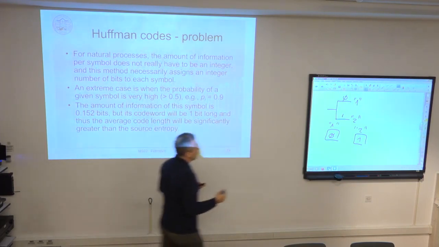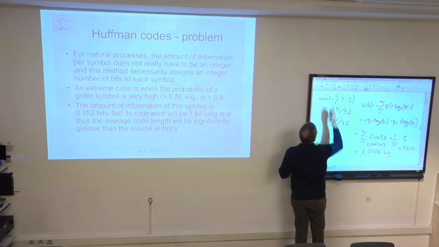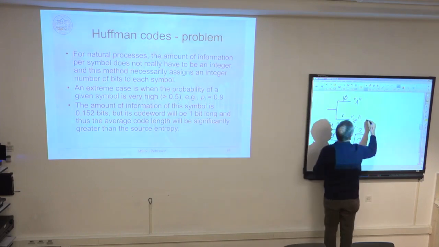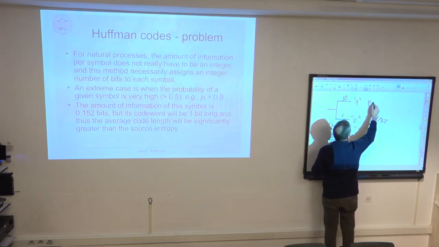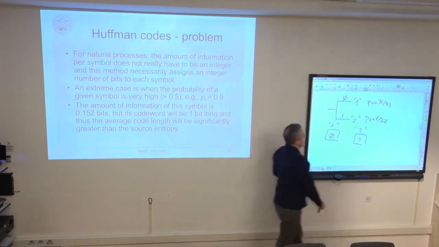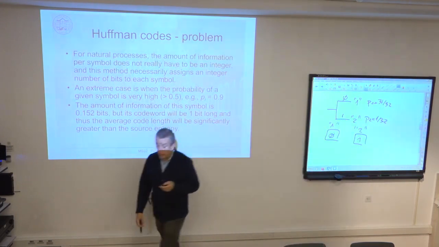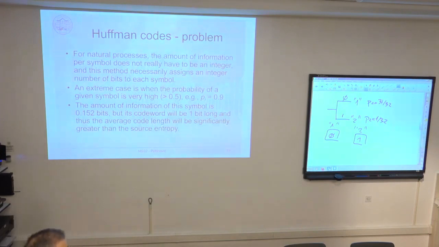Although the probability of one symbol is very low, for example P2 is 1 over 32, and P1 is 31 over 32, so symbol 1 is occurring much more often.